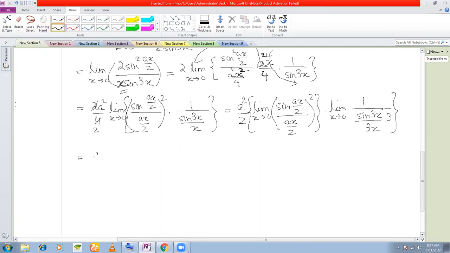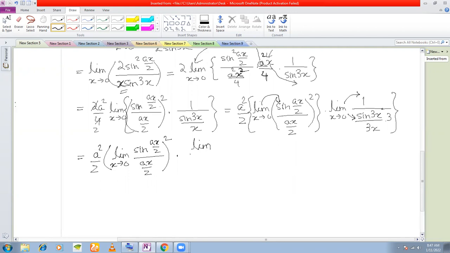Next, a square by 2. This limit gets inside this. So this becomes limit x tends to 0 sine ax by 2 by ax by 2 square into, and you can distribute this limit over this numerator and over this denominator.